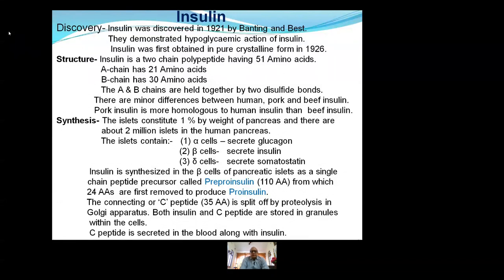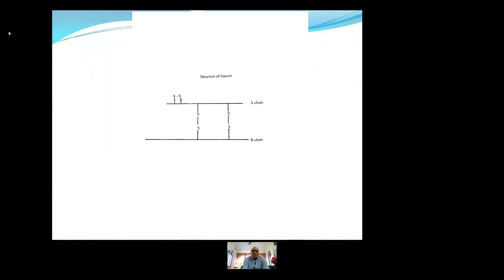Both insulin and C peptide are stored in granules within the cell. C peptide is secreted in blood along with insulin. This is the structure of insulin. A chain and B chain are bound together with disulfide bonds.